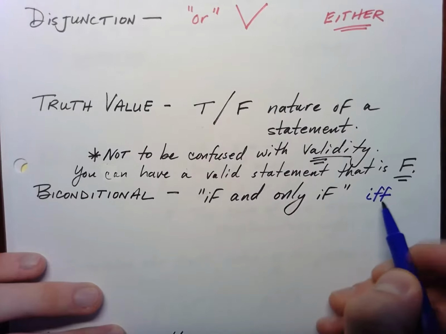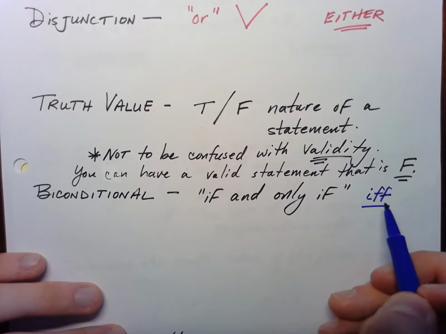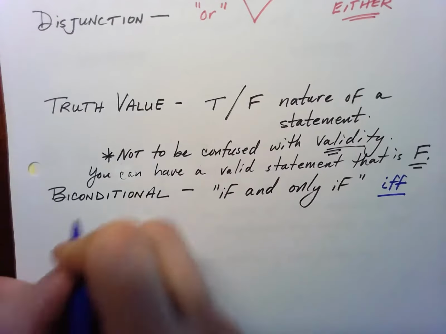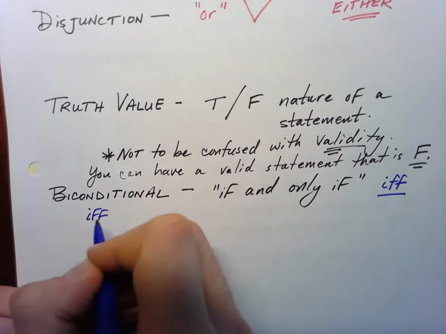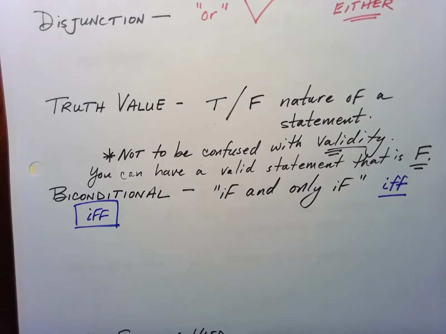So it looks like the regular word if, but it has two f's in it. So it looks like you made a typo, but actually you didn't. So iff, okay? And that's how we write that. A biconditional is a statement and its converse that are both true.